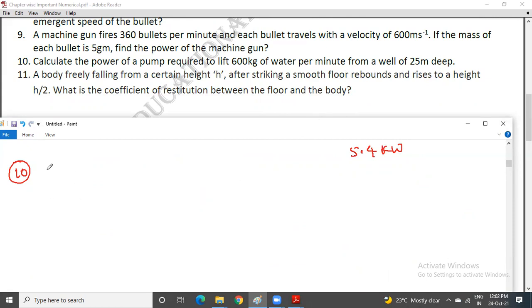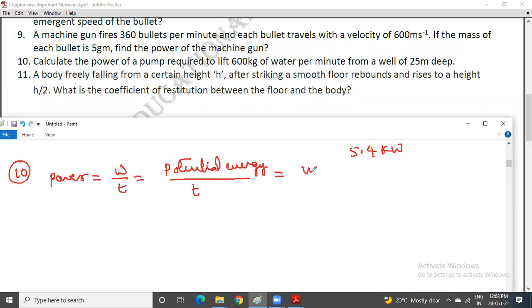So therefore, now power is associated with work done once again, but this work is as potential energy. The earlier question is kinetic energy, now it is potential energy. So potential energy, you get back, it is mgh by t.